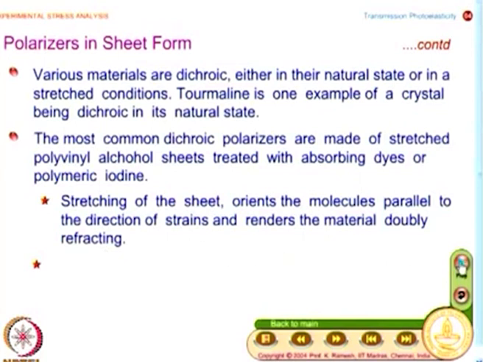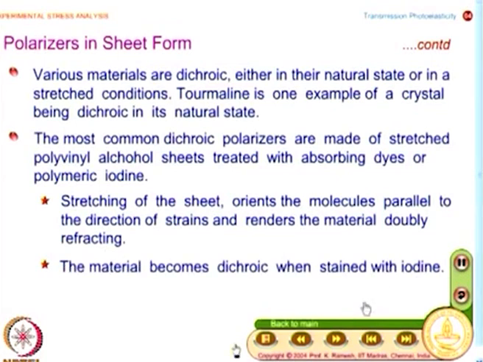And the material becomes dichroic when stained with iodine. Dichroic means it absorbs one component of the light vector and allows the other component. So, essentially you get plane polarized light.